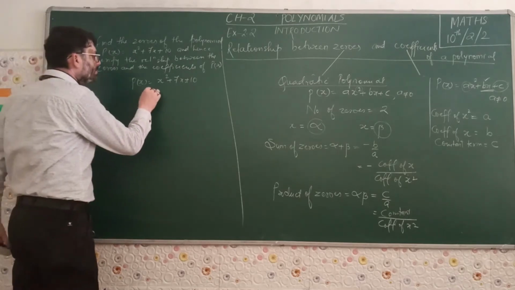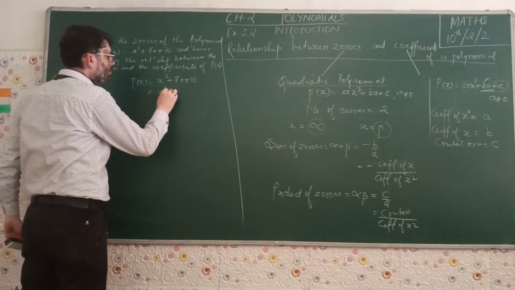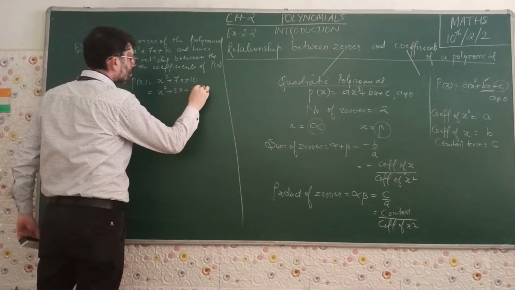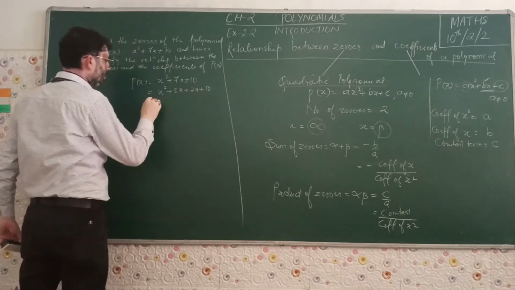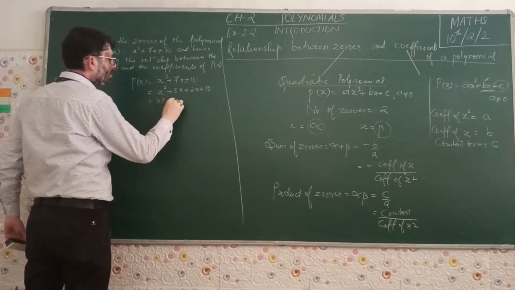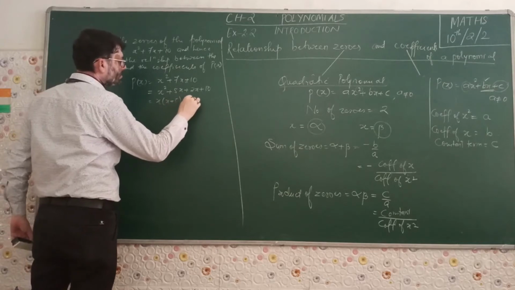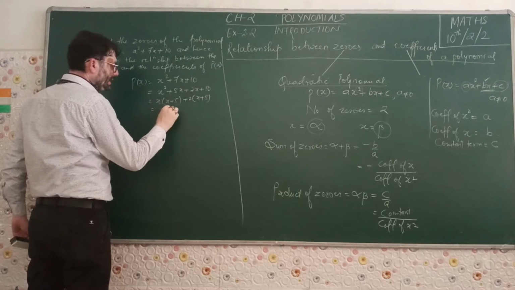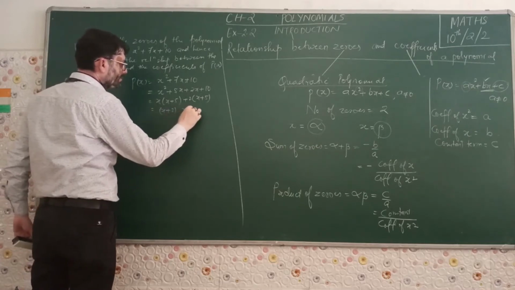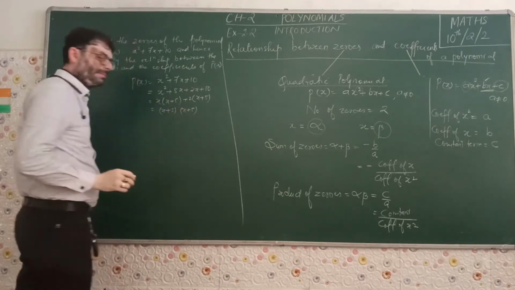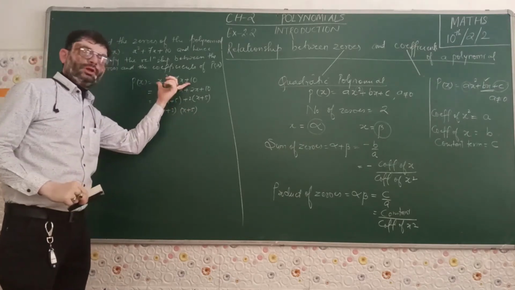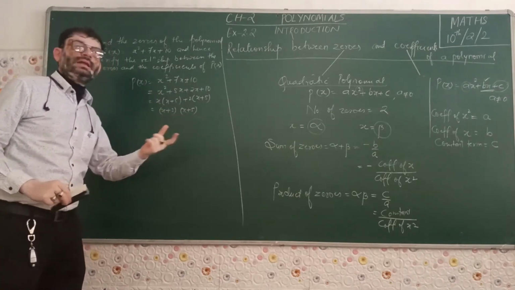This can be solved by splitting it down: x square plus 5x plus 2x plus 10. We take x common, x plus 5, we take 2 common, x plus 5, and this is x plus 2 and x plus 5. These are the 2 factors of the polynomial, and from these 2 factors we will get the 2 zeros.